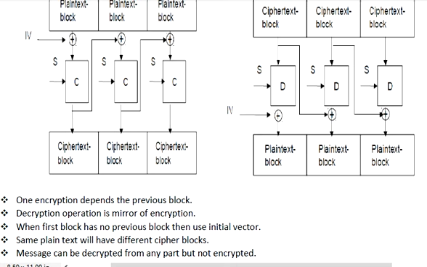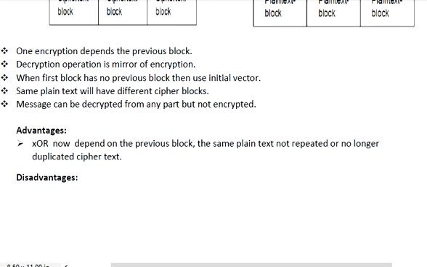The same plain text will have different cipher blocks. The message can be decrypted from any part, but not encrypted from any part. In this case, the XOR depends on the previous block, so there will no longer be duplicate or repeated cipher text.